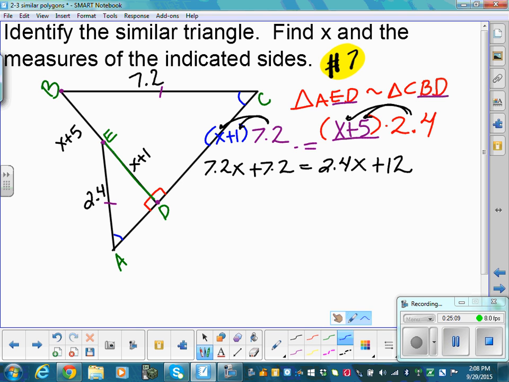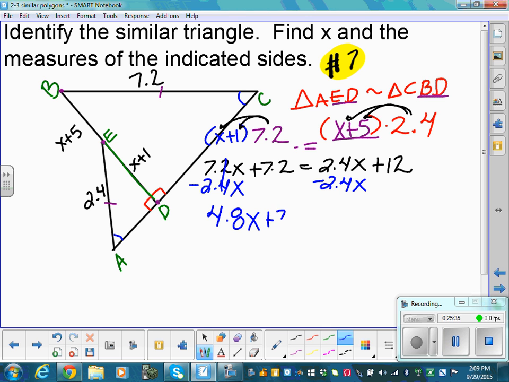Now, can we magically flow our x's together? No. You have to use the correct operation to get from one side of the equation to the other. So I'm going to subtract 2.4x's from both sides. Combining these, we have 7.2x's minus 2.4x's, which is 4.8x's.